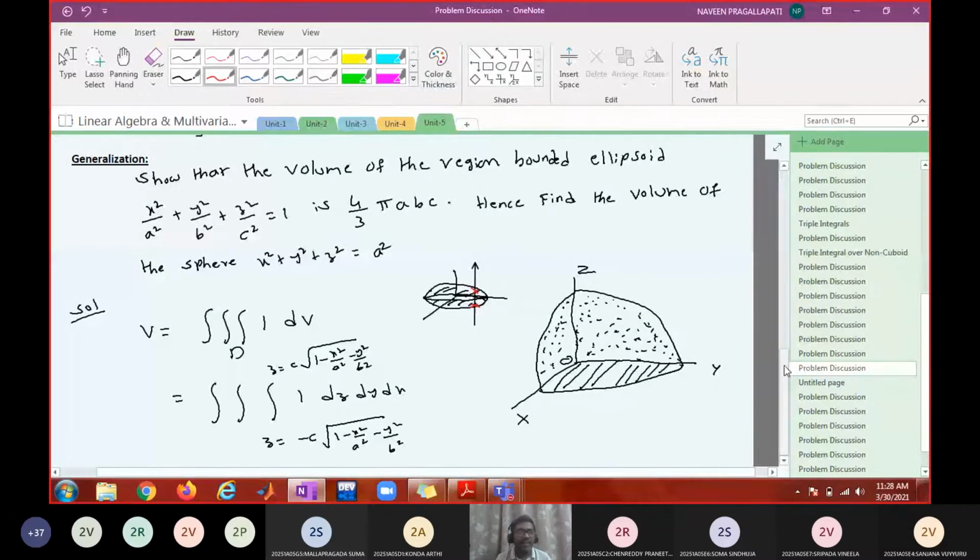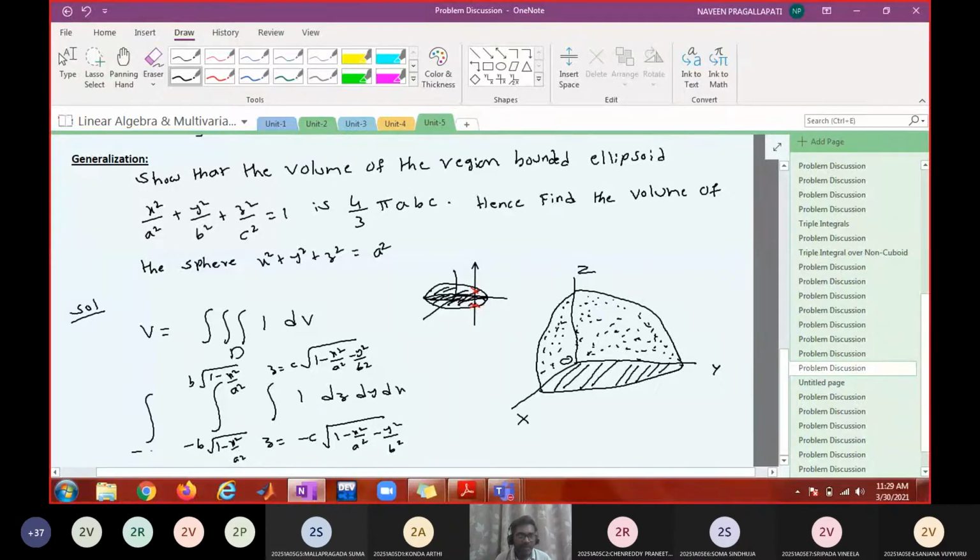Then the y and x limits will be taken on the xy plane. The projection of this ellipsoid on the xy plane is going to be this part. So y goes from minus b into root of 1 minus x square by a square to plus b into root of 1 minus x square by a square.